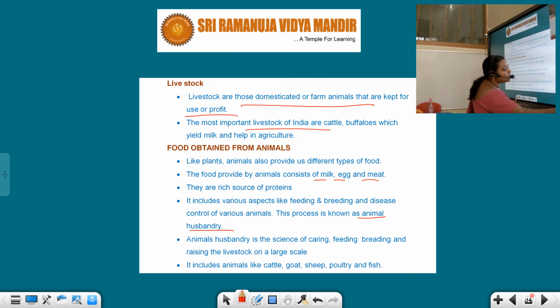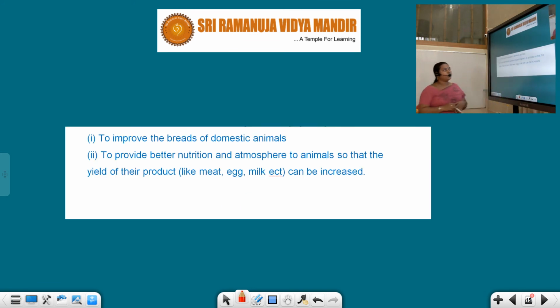So animal husbandry includes all these different varieties of animals. Its aim is to improve the breeds of domestic animals and to provide better nutrition and atmosphere to the animals so that the yield of their products can be increased. See that, students? What we have to do is create a nice atmosphere. We should go for a nice atmosphere for the animals.